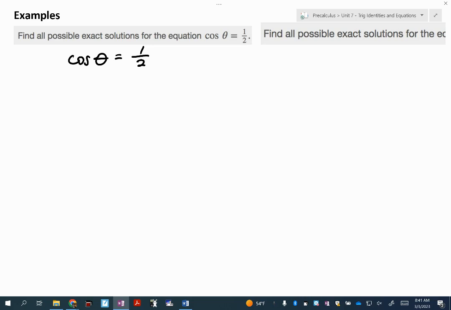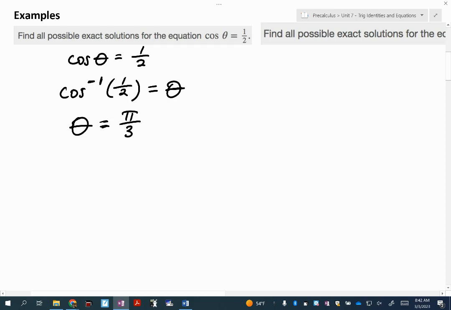So essentially I need to ask the calculator, I know the ratio is 1/2, so if I go backwards, what would be my theta? You should know this one, it's from the table. The cosine of pi over 3 is going to be that theta. But because it says all possible solutions, we don't just stop there.